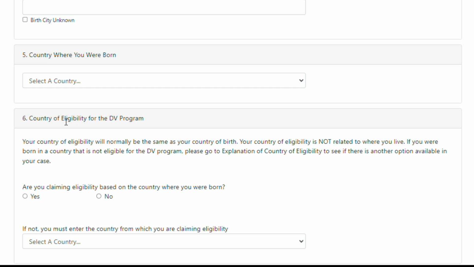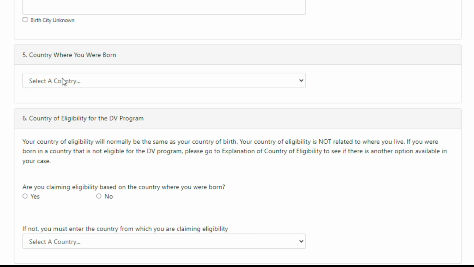So, in other words, what we are saying is that your country of eligibility is not necessarily the country of your birth, though in most cases it might be. You can also claim the country of eligibility of your spouse if your country is not qualified, or the country of eligibility of your parents if your country of birth is not eligible, as I have explained.